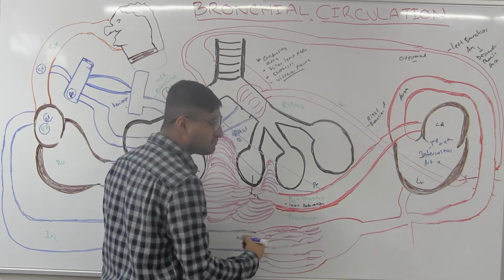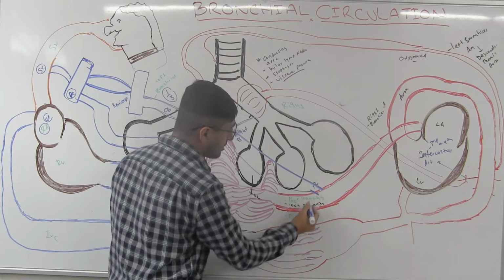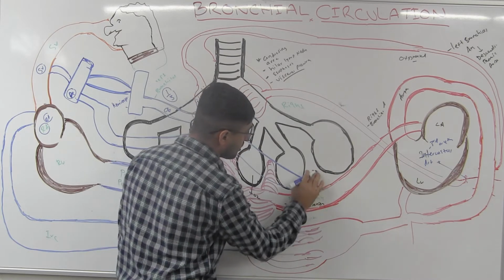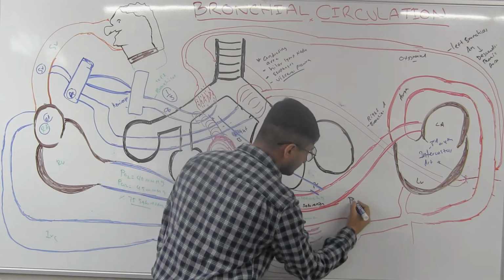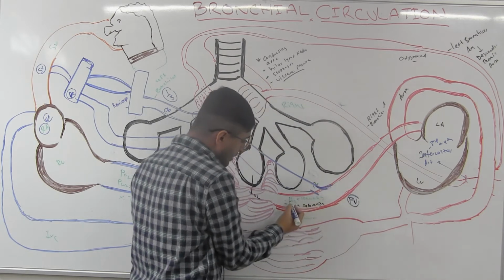Because of the anastomosis vessels, these drain straight into my bronchial vein right here. Sorry, my pulmonary veins.